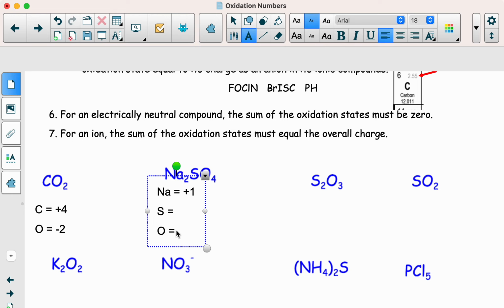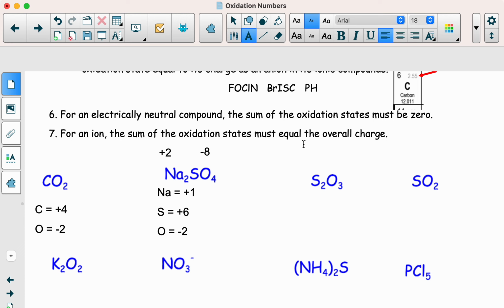Working down the list, the next useful rule we come to is that oxygen prefers to be -2. Now on the whole, we need to make the charge of this compound add up to 0. So for the oxygen's portion, we have a contribution of -8. And for the sodium's portion, we have a contribution of +2. And if we need the whole entire thing to add up to 0, that means that the sulfur here has to contribute +6 to our situation.